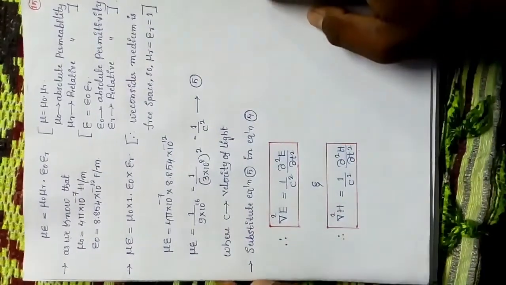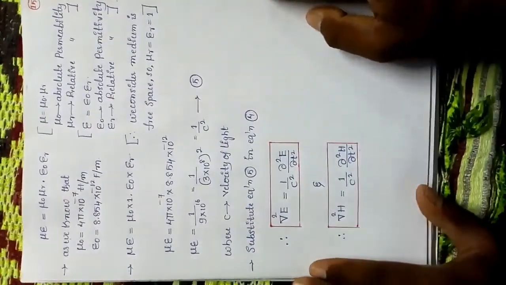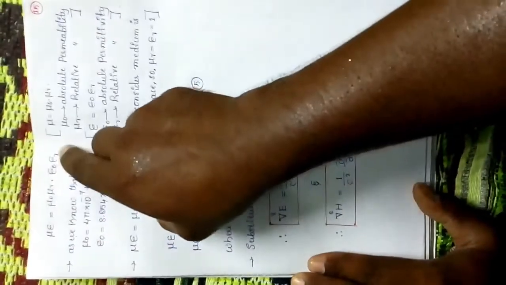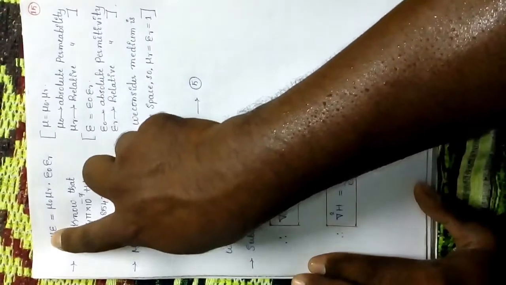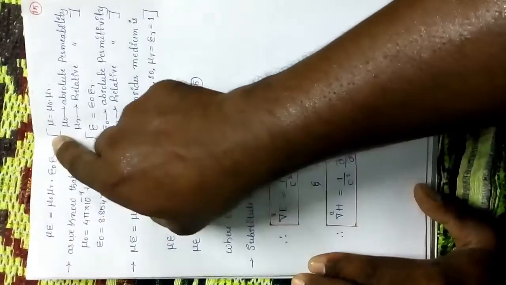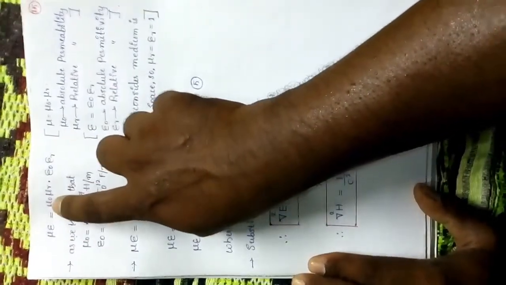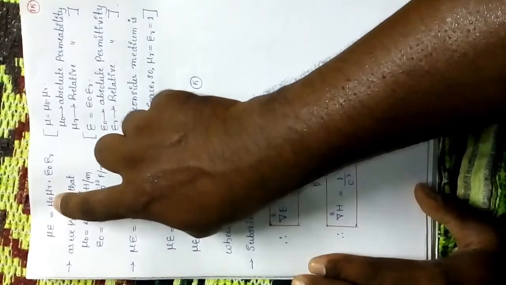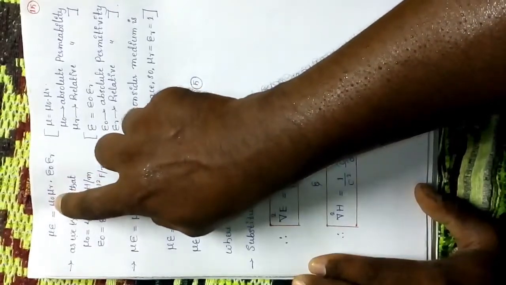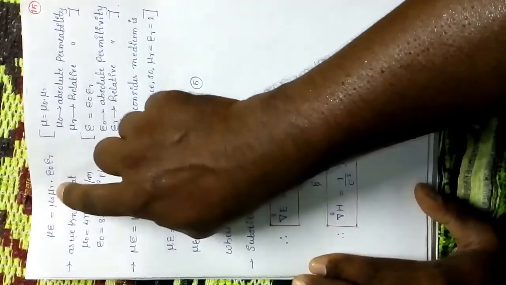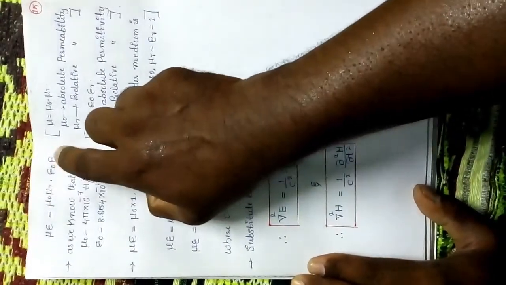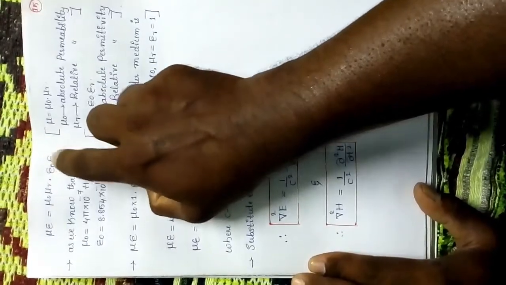As we already know the relation between μ and ε: in general, μ is equal to μ0 into μr, and ε is equal to ε0 into εr, where μ0 is the absolute permeability and μr is the relative permeability, and ε0 is the absolute permittivity and εr is the relative permittivity.